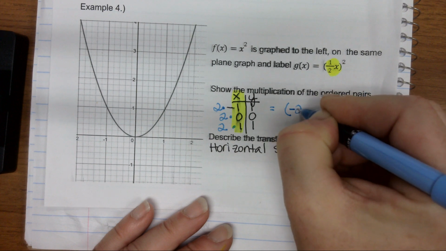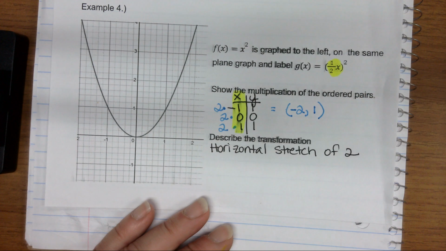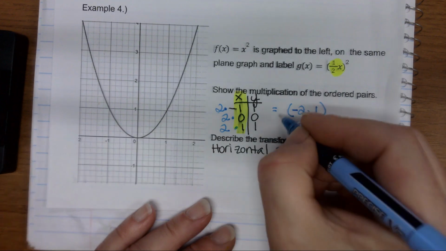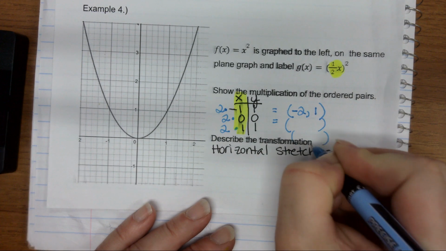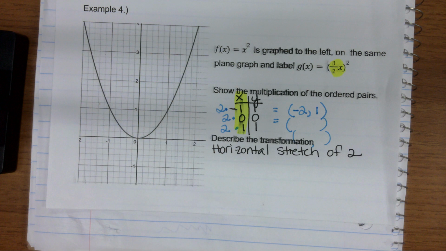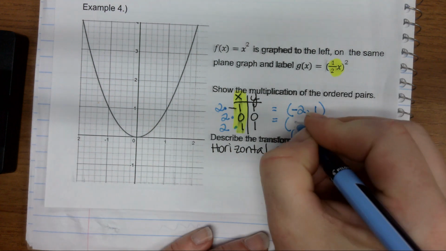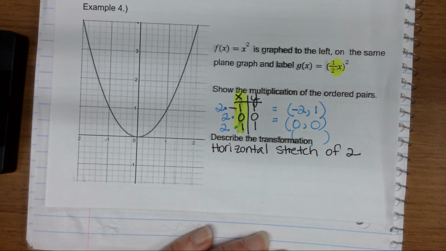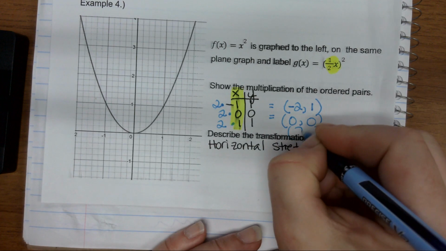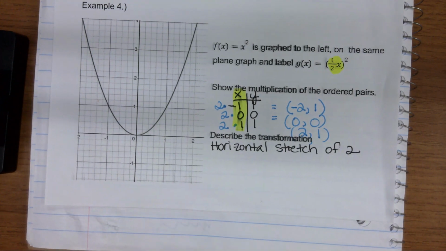Sorry, -2. The y is the same. All right, would you find the other 2? Did you get a 0, 0? And a 2, 1.